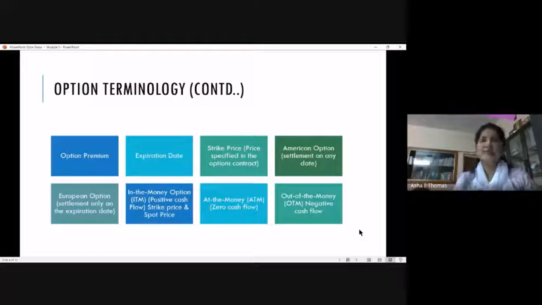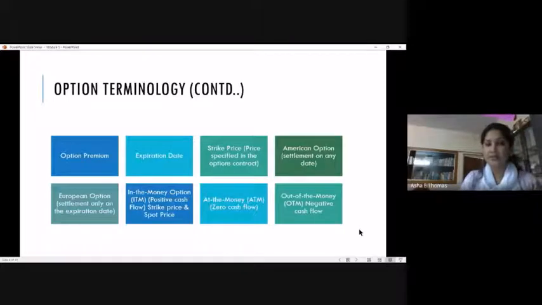Strike price, that's the price specified in the contract at the time of entry, based on the underlying asset. When you are operating through a stock exchange, you have something called a lot size, right? So depending on that, your strike price will be decided. But the primary thing would be decided upon the spot price.